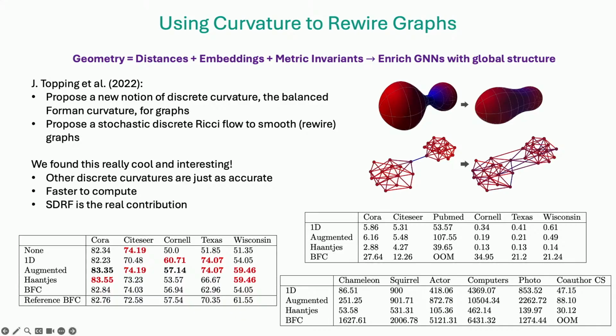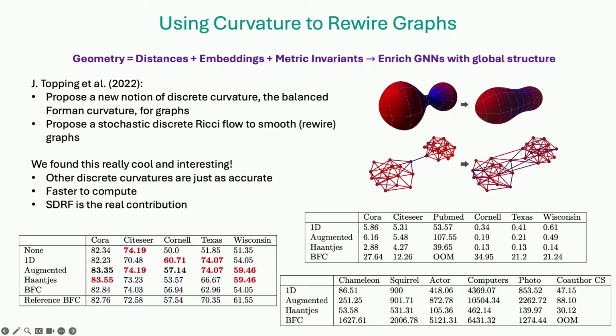We found this really cool and interesting, especially because, as I mentioned, my area is in discrete geometry. I work a bit in discrete curvature. So we took their paper, their setting, and then we discovered these other discrete curvatures that I happen to work with and know a bit about.